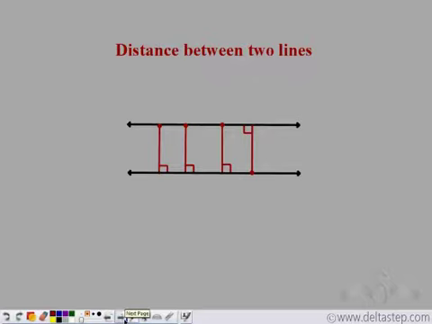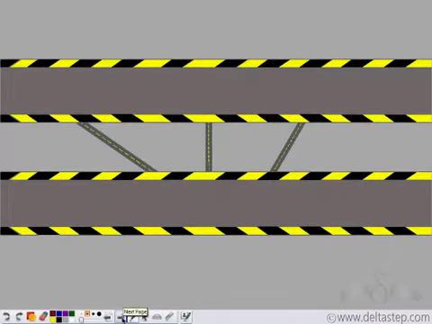So distance between two non-intersecting lines is constant at all points. We take any point on any line and drop a perpendicular to the other line. The length of the path will remain constant at all points. So now can you tell me which route should you take?